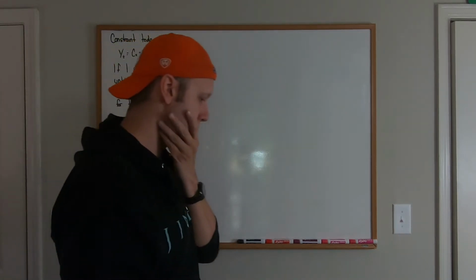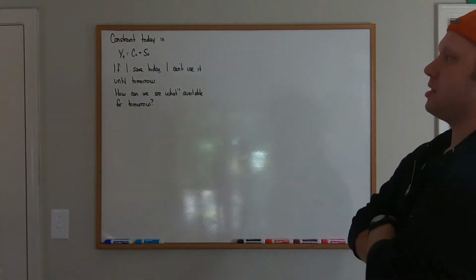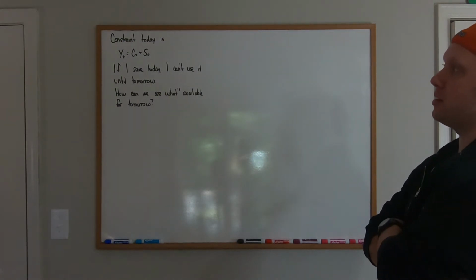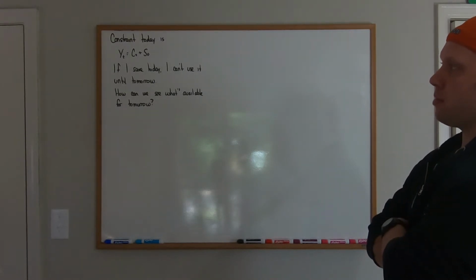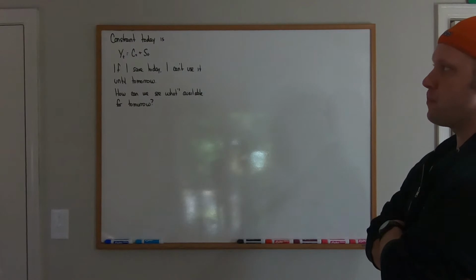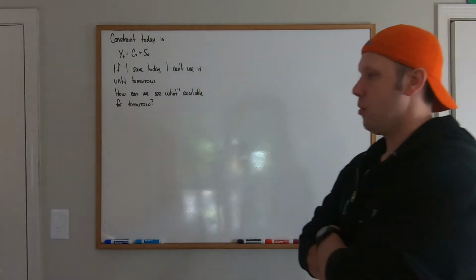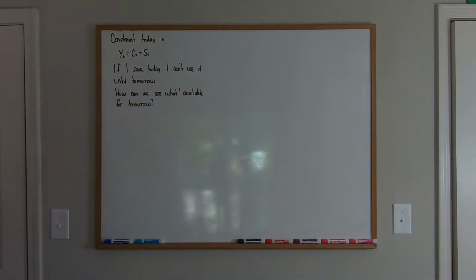I only got the constraint for today, so I can't see what's available for tomorrow. I can take a wild guess that it's probably going to be what my income was today, plus whatever it was I saved today. So the source of funds for tomorrow will be tomorrow's income plus what I saved today plus the return on what I saved today.